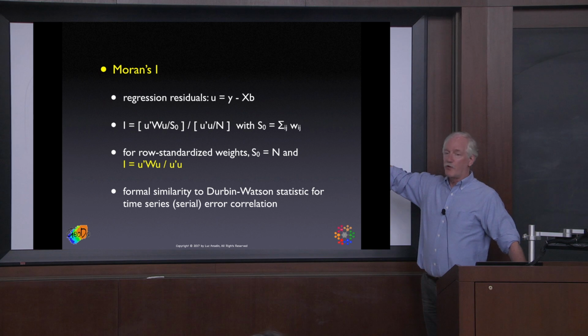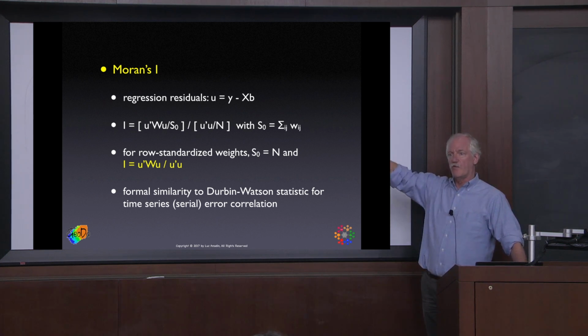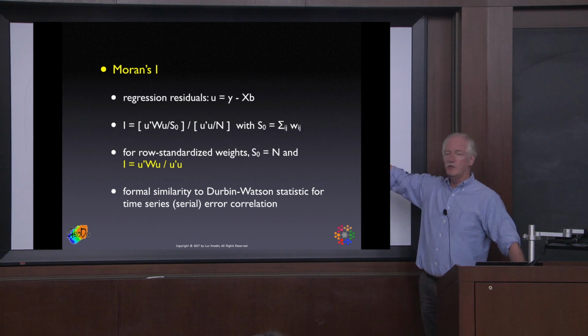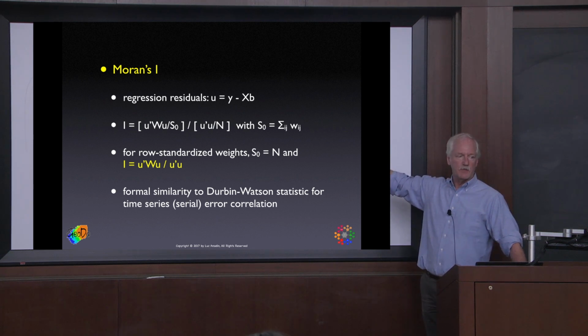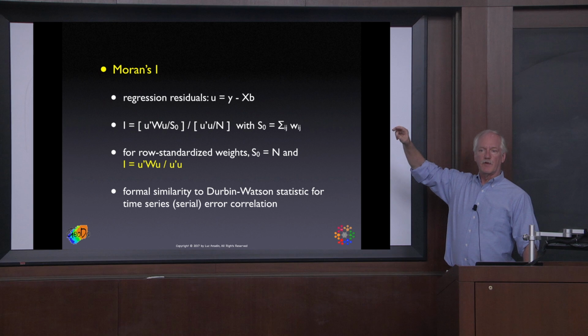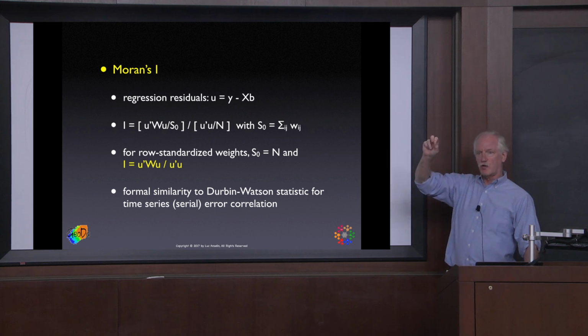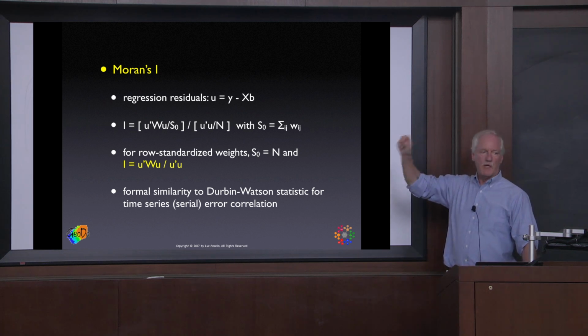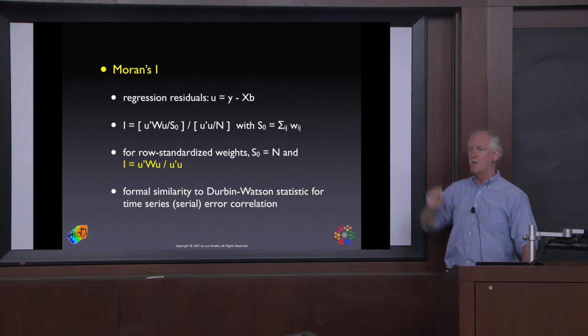U prime, U is a column vector, so U prime is a row vector. WU is the spatial lag of the residuals. That's a column vector. So the product of these two is the sum of the cross products, for each term, the residual and the spatial lag of that residual. You multiply these together and add them all up. And then you divide it by something.